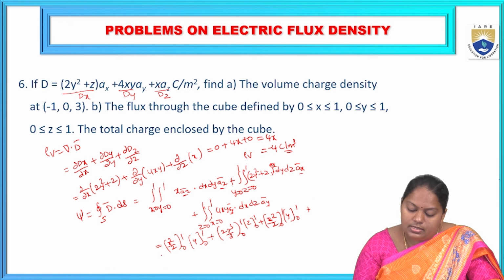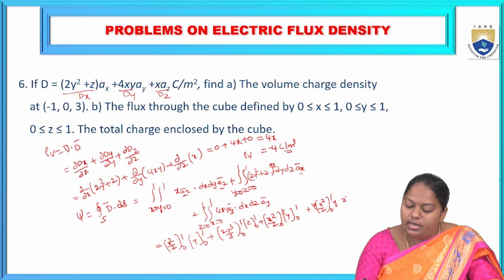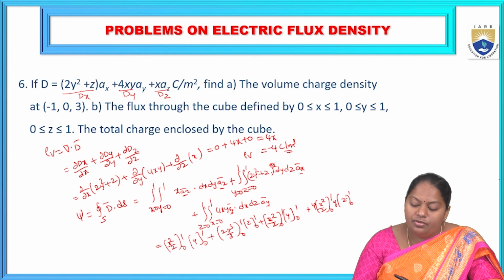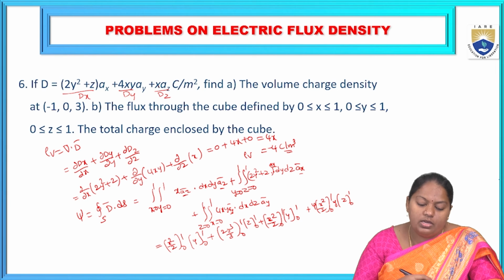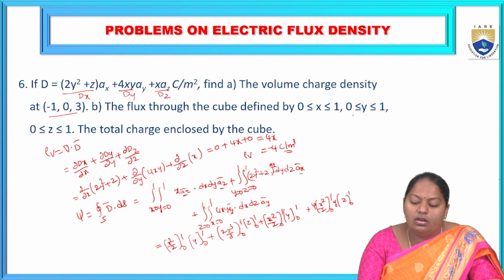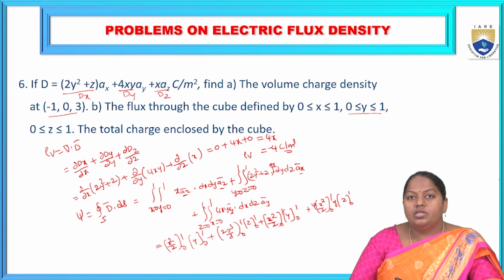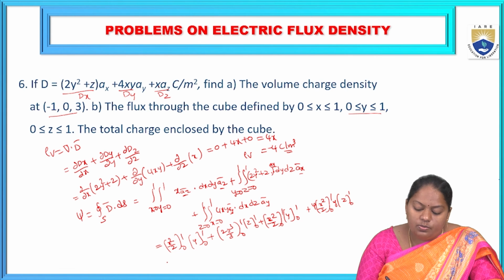Then plus 4xy means 4x square by 2 limits 0 to 1, with y constant, and z from 0 to 1. By default, if you consider the limits, the y value is 0 to 1. Upon simplifying all this, we get the following.